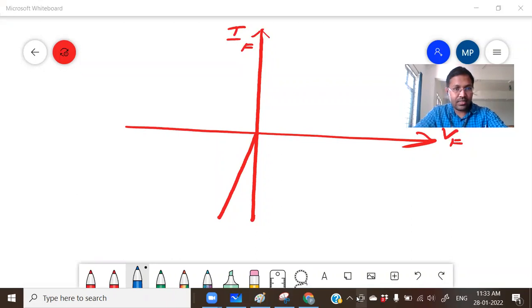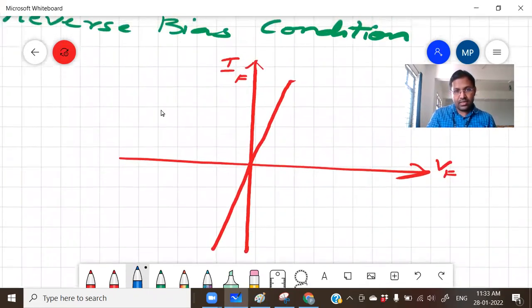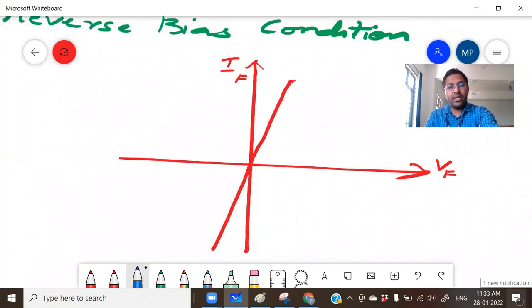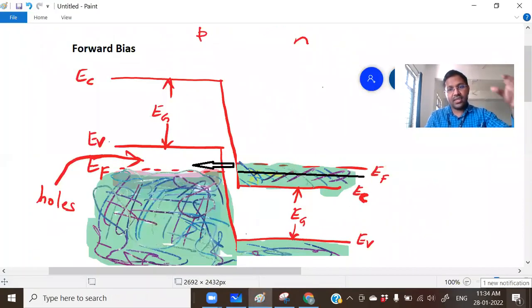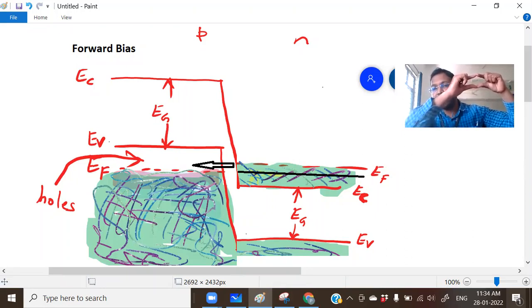The characteristics that we get will be like this. Why do we have the characteristics like this? We keep on increasing the forward bias, the current keeps on increasing until maximum current reaches.